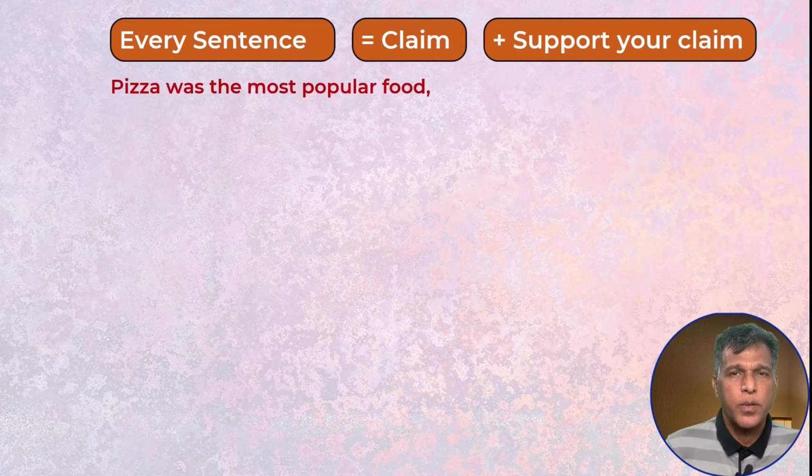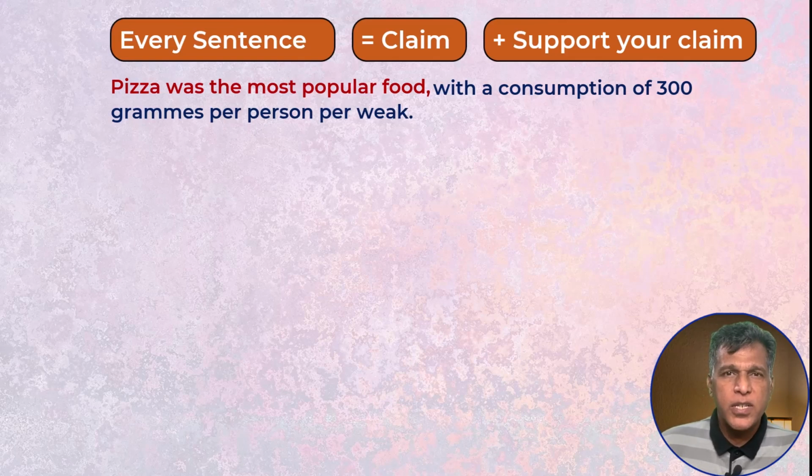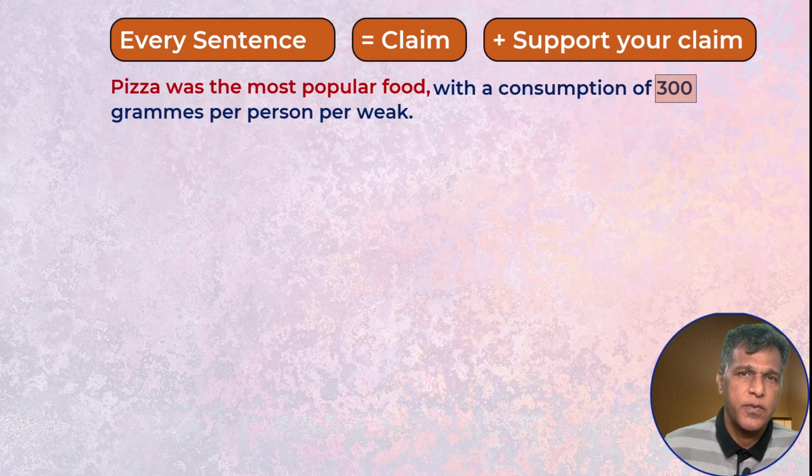The first example is your claim. Pizza was the most popular food. Then you support it with a value from the y-axis. With the consumption of 300 grams per person per week. The number 300 grams proves that pizza was the most popular food in 1970.